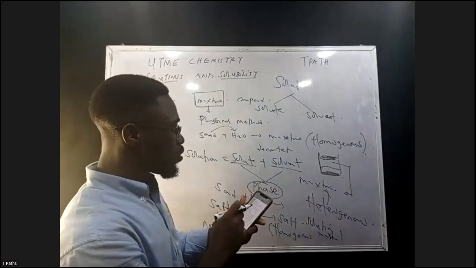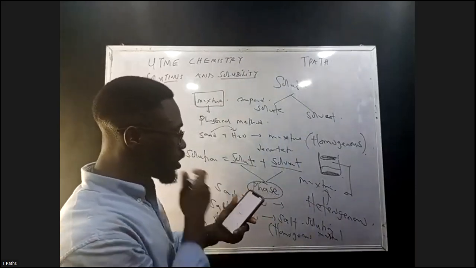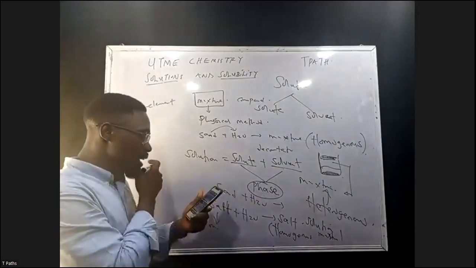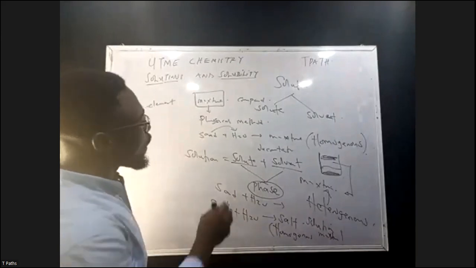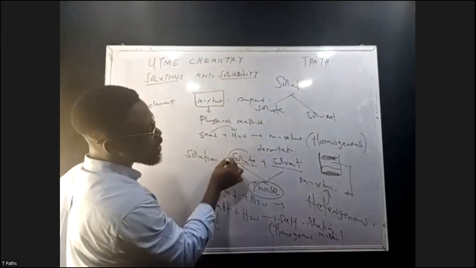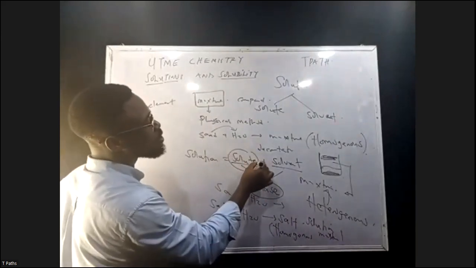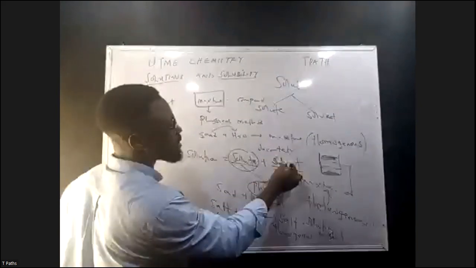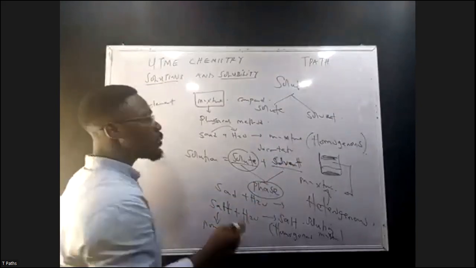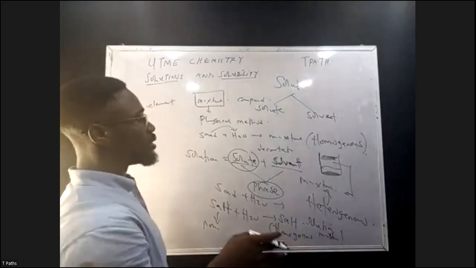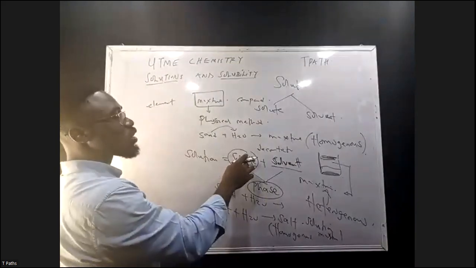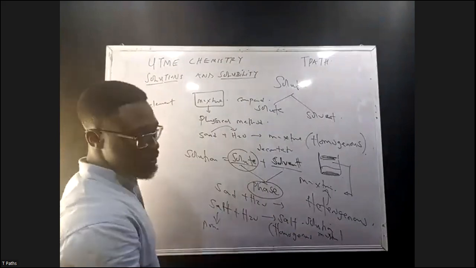So that's what a solution is. Now, most times there's a misconception as to what a solute is and what a solvent is. For the purpose of JAMB UTME chemistry, we believe that the solute is the substance that is being dissolved.